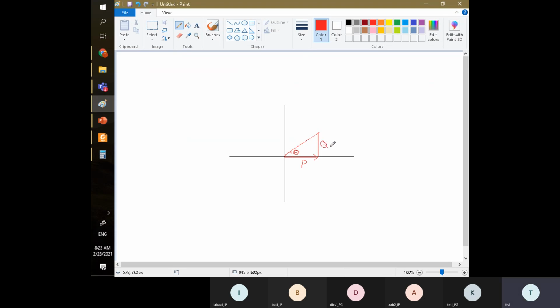Okay, Q is a result of the inductive and capacitive load. This is why we have a phase shift here. And this y-axis in the phasor is called the imaginary axis. Here is the real power, in kilowatts.